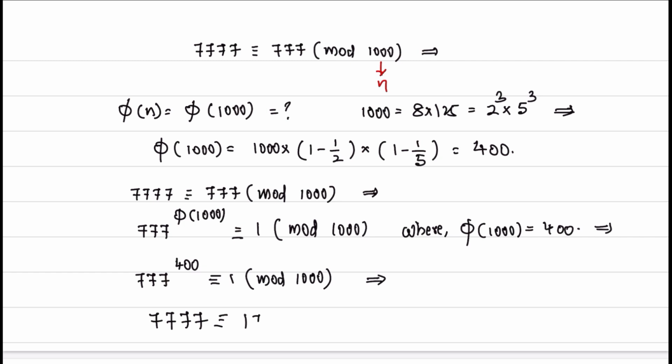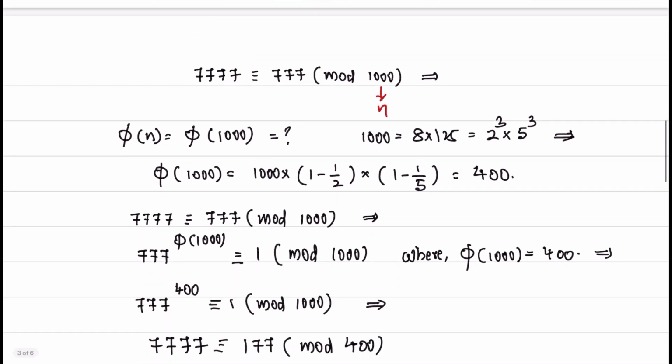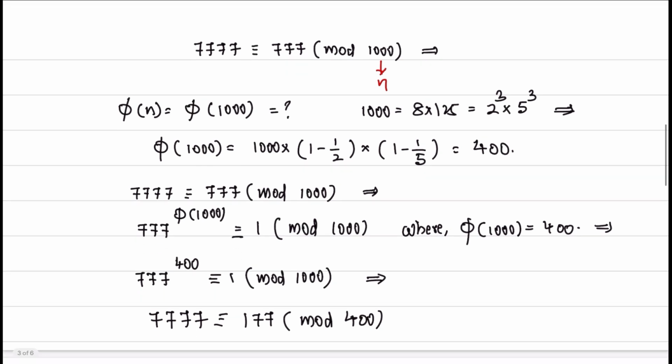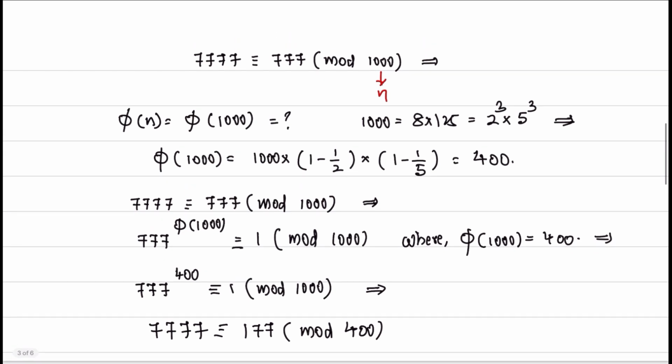7777 is 177 mod 400. Either you write 7777 is equal to 777 mod 1000, and by using the Euler theorem we can write this: 777 to the power of 400 is equal to 1 mod 1000.